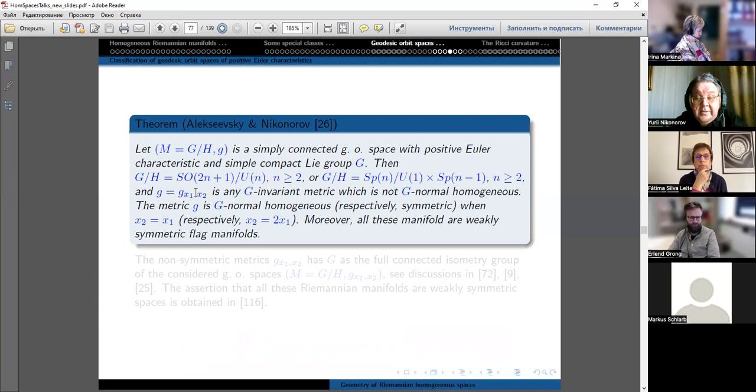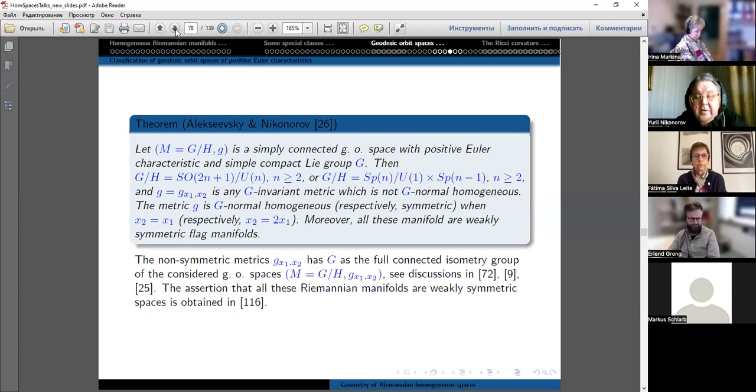But in any case, examples are the same. If we consider all geodesic orbit spaces with positive Euler characteristics, then metrics should be either normal, or we have the same exceptional two families of spaces as in flag manifold cases. Hence, we have complete classification in the case when the homogeneous space is of positive Euler characteristics.